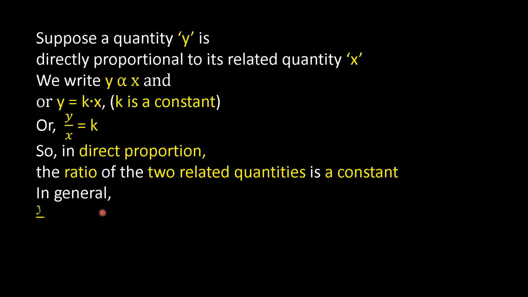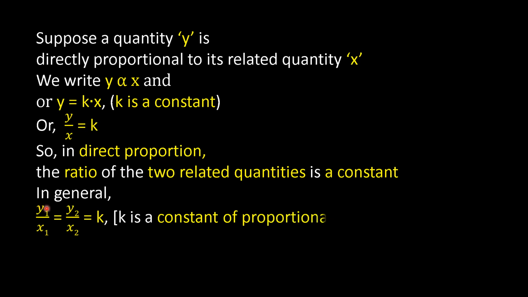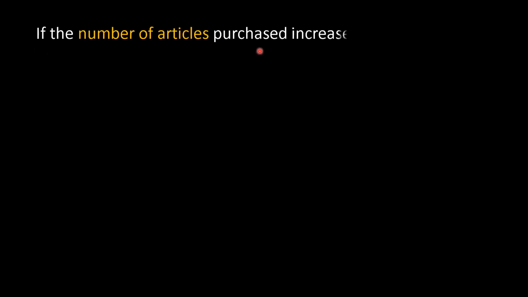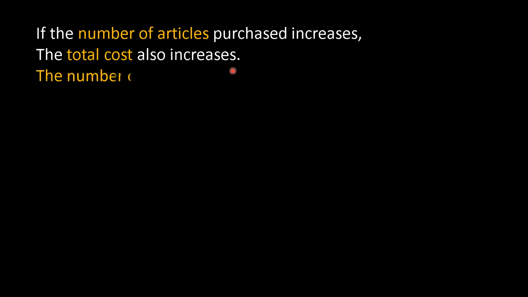In general, we write y1 divided by x1 equals y2 divided by x2 equals k, where k is a constant of proportionality. For simplicity, we can write it as x1 divided by y1 equals x2 divided by y2 equals k. In case of the examples that we have discussed, if the number of articles purchased increases, the total cost also increases.